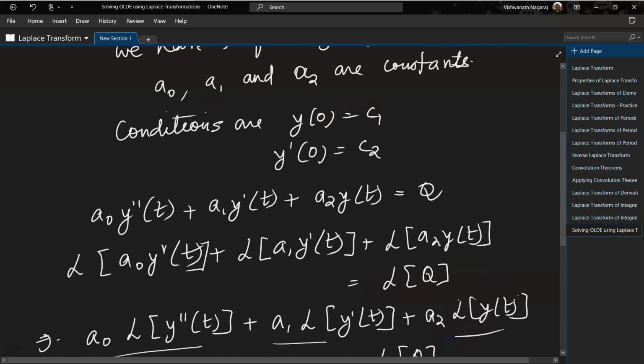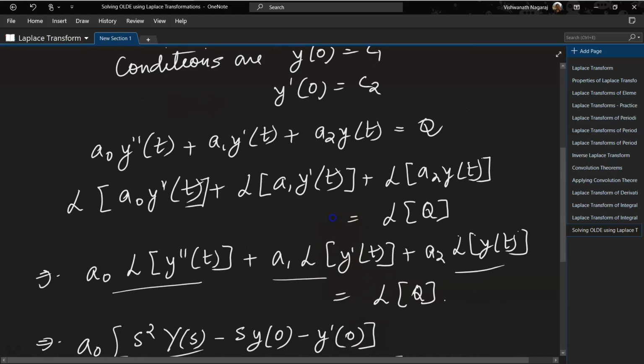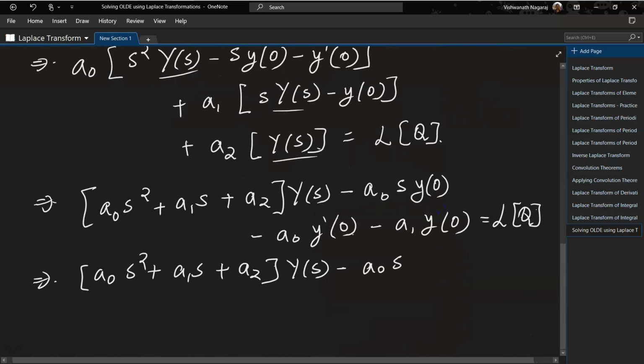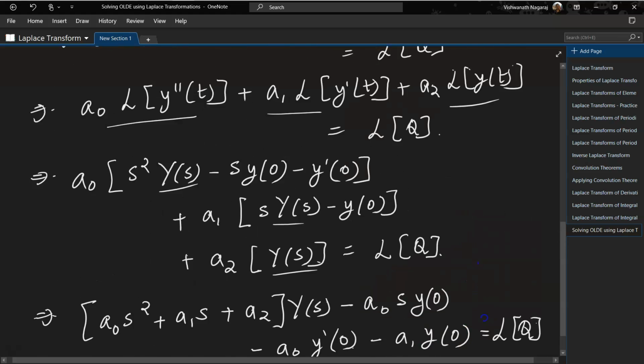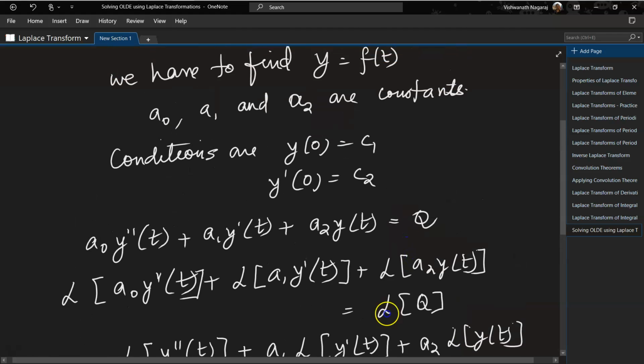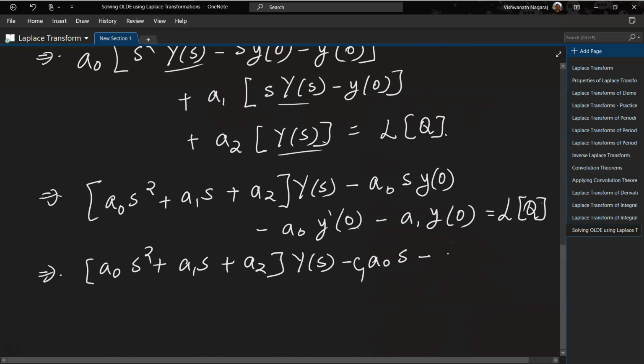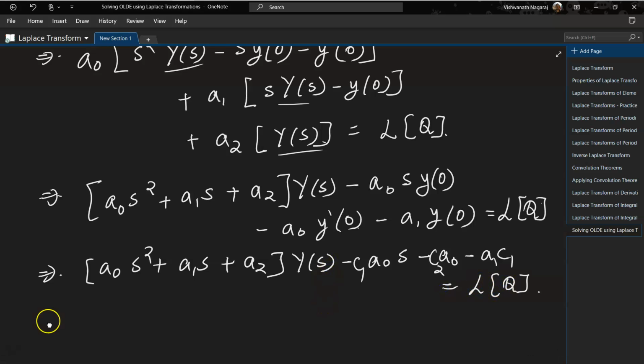Now remember, y of 0 is equal to c1, so I can put it here: c1 a naught s, minus, now y prime of 0 is c2, so minus a naught c2, minus a1 again c1, is equal to Laplace of q.